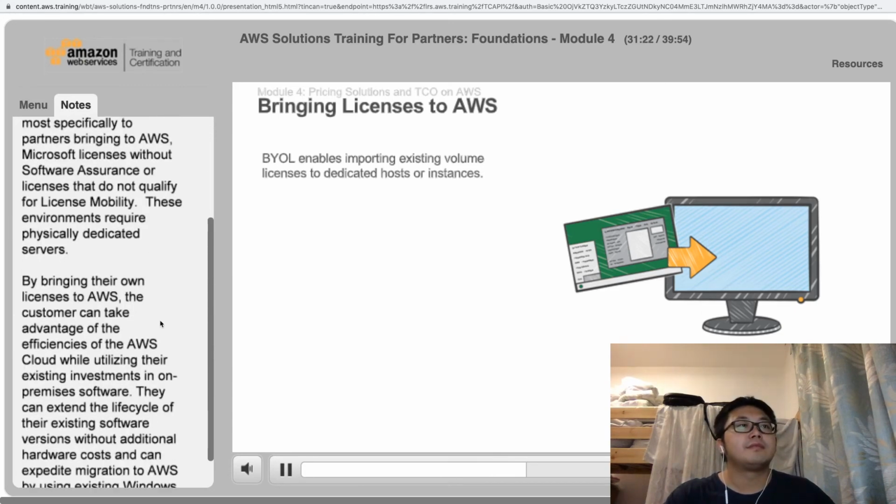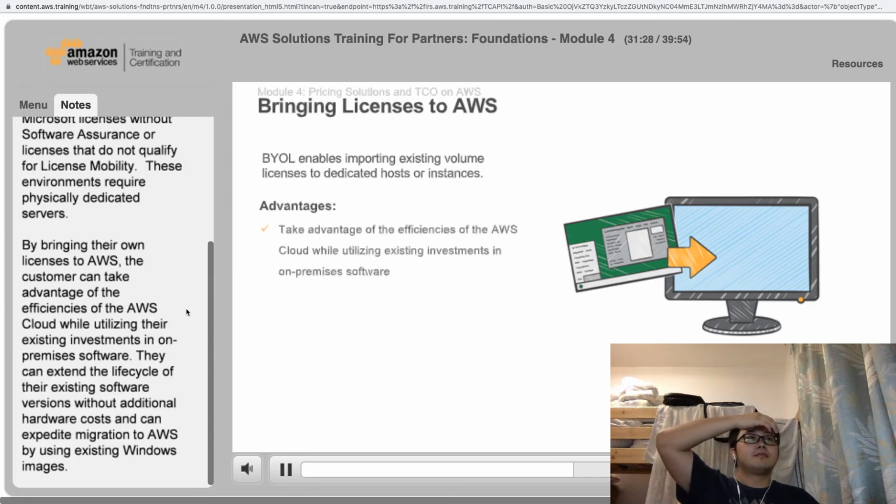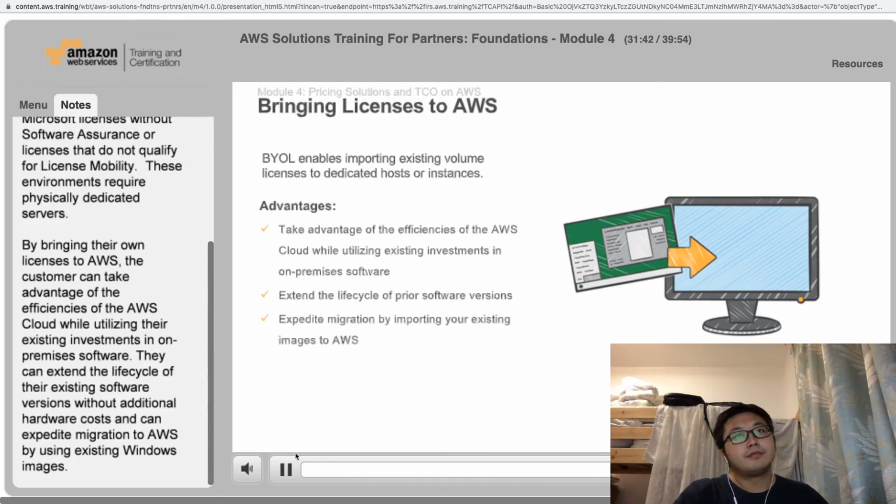By bringing their own licenses to AWS, the customer can take advantage of the efficiencies of the AWS cloud while utilizing their existing investments in on-premises software. They can extend the lifecycle of their existing software versions without additional hardware costs, and can expedite migration to AWS by using existing Windows images.